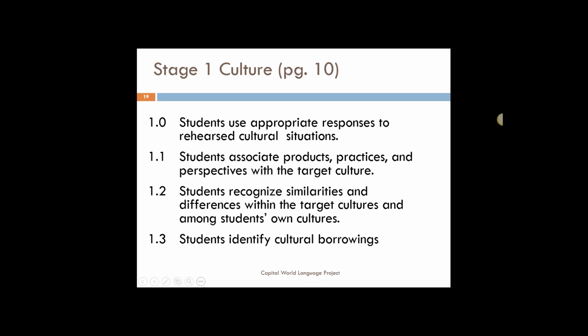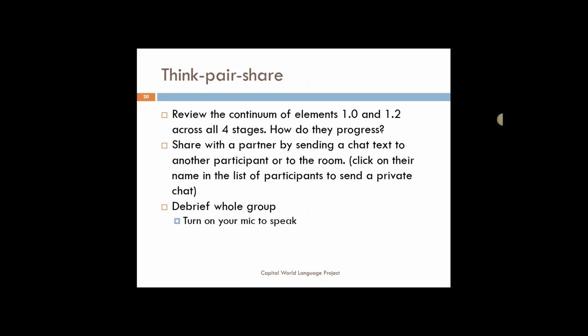Okay. All right. So you notice that what's happening here with culture in stage 1 is the ability to recognize, the ability to pick out of a list, but no ability to respond if it was not a rehearsed situation, and no ability to explain. Okay.